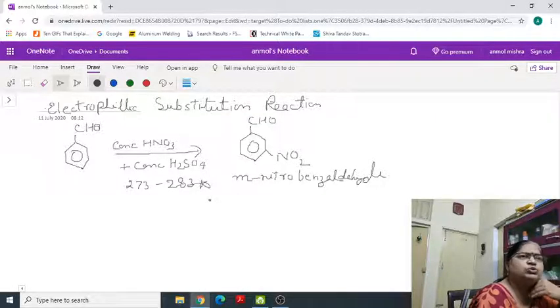It is used to preserve biological specimens. Formaldehyde is also used to prepare an important polymer, that is bakelite. Its monomers are phenol and formaldehyde. The second polymer is urea formaldehyde.